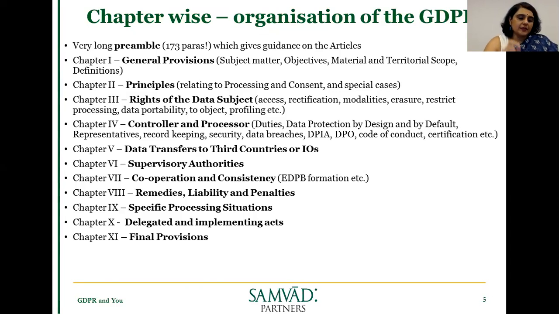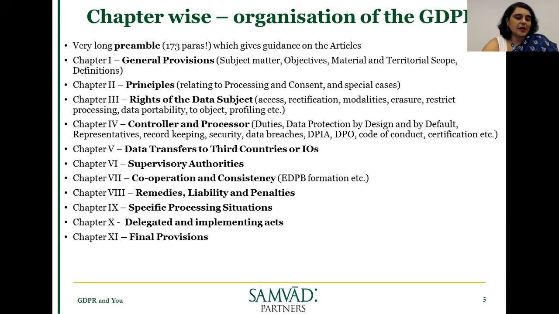But the very interesting sentence which it starts out with says, whereas the protection of natural persons in relation to the processing of personal data is a fundamental right. So it's acknowledging that natural persons have a fundamental right to the privacy of their personal data, and this theme that this fundamental right of natural persons should be protected runs throughout the regulation.